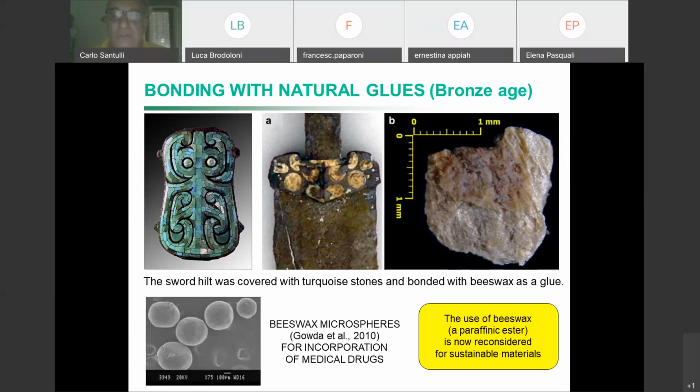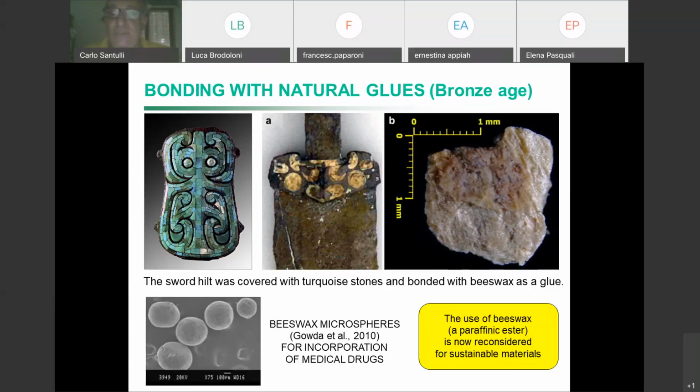The problem is, you could take a pill, of course, but the pill means that the amount of medical drug you have in your body increases, then decreases, and you take another pill. It would be better to have a controlled release. In fact, they are studying a lot with these microspheres, some of which can be made even from beeswax, to incorporate medical drugs and release them gradually into the body.